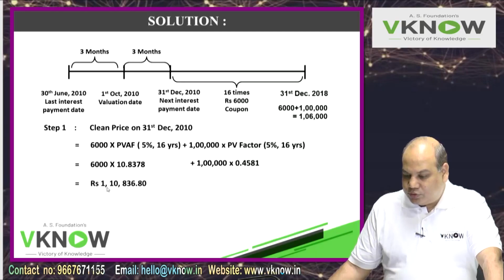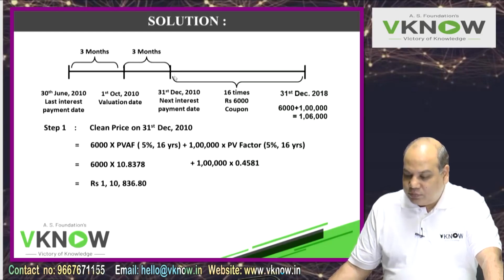So this gives you 1,10,836.80. That means if you have to buy this bond on 31st December 2010, on ex-interest basis, then you will have to pay 1,10,836.80. But the coupon of this 31st December 2010 is also pending.